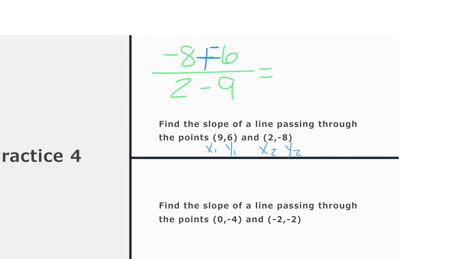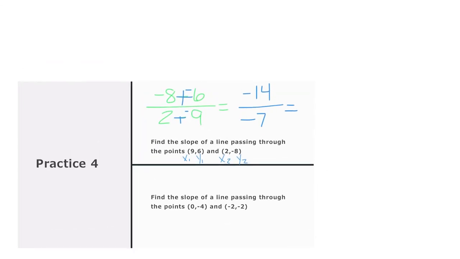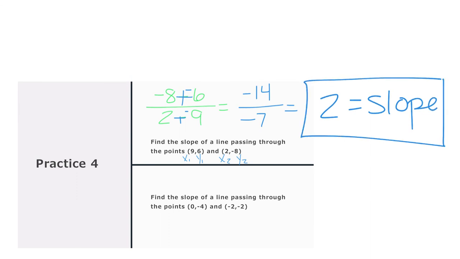A -8 plus a -6 is a -14. Keep, change, change. 2 plus a -9 is a -7. You might ask, Ms. McHenry, what do we do about this? Is this positive or negative? Well, 2 negatives would make it a positive, and then we can simplify that because 7 goes into 14 twice. So our slope is 2.